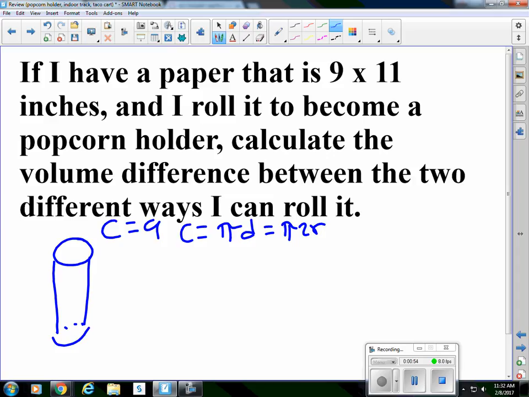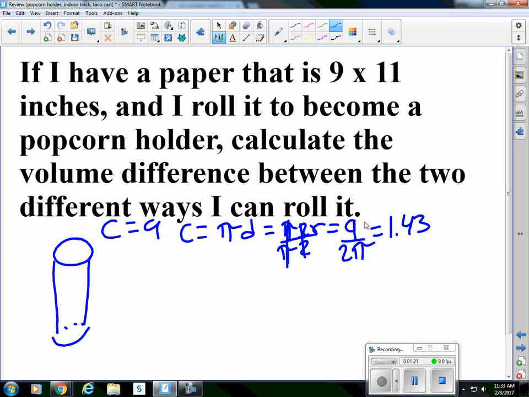So I'm going to divide the circumference, which is 9, by 2 pi. I'm going to divide both sides of that equation by 2 pi so that the radius is 9 divided by 2 pi. So the radius equals 1.43.